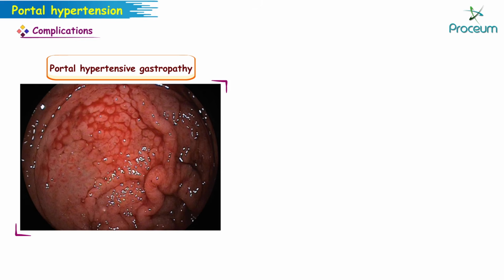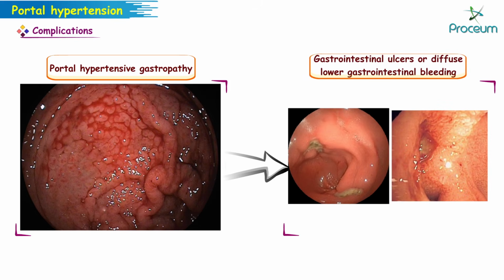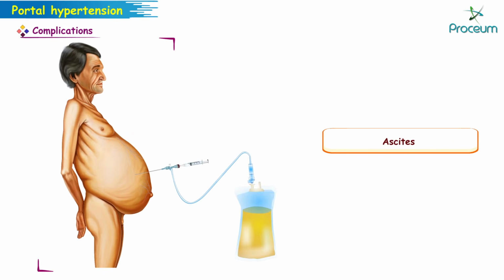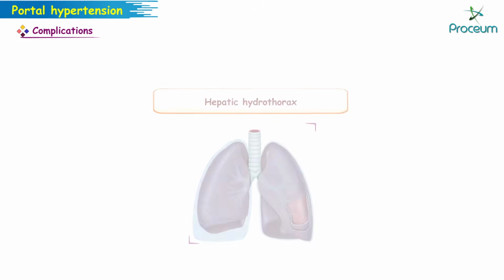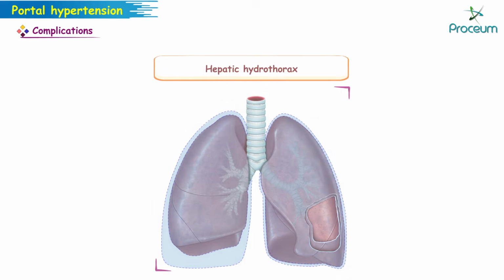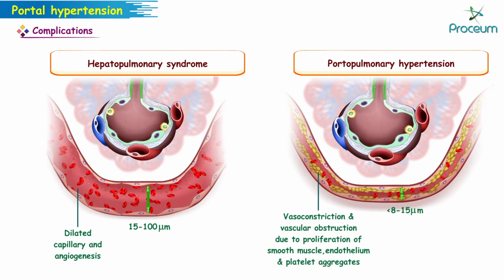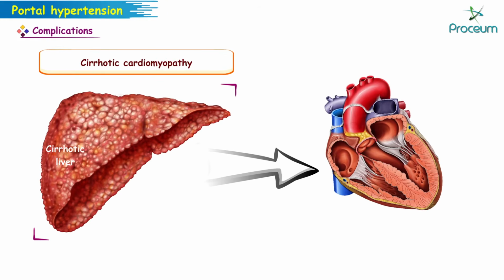Portal hypertensive gastropathy: this condition is caused by cirrhosis or portal vein thrombosis, which can cause gastrointestinal ulcers or diffuse lower GI bleeding.